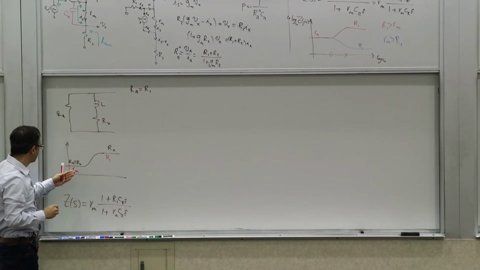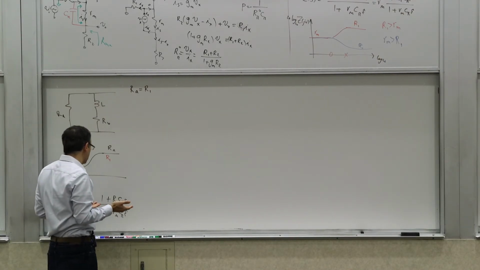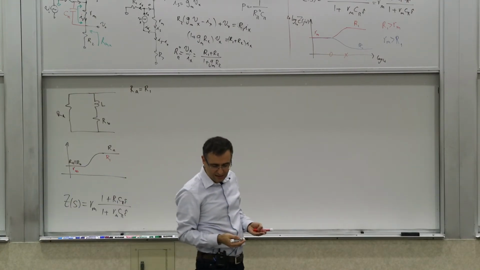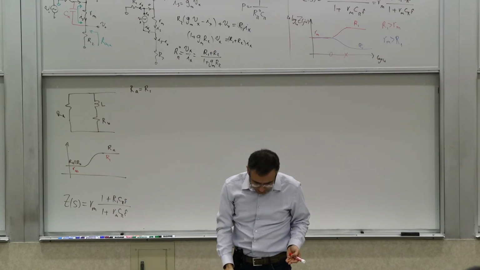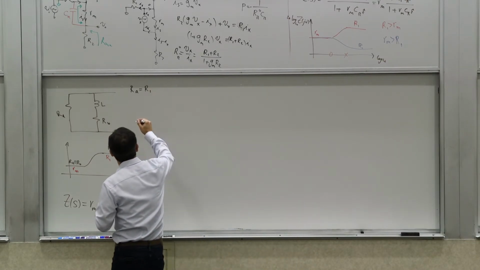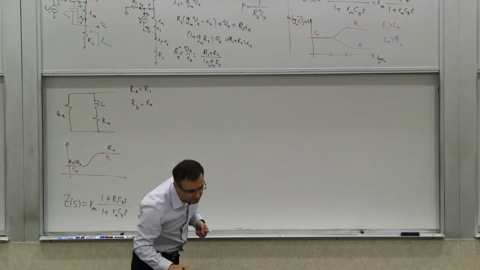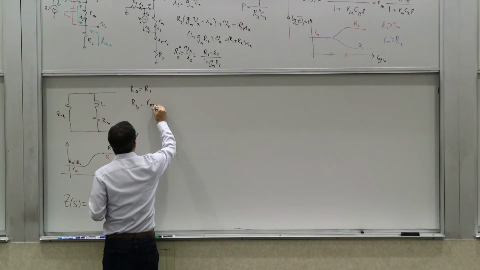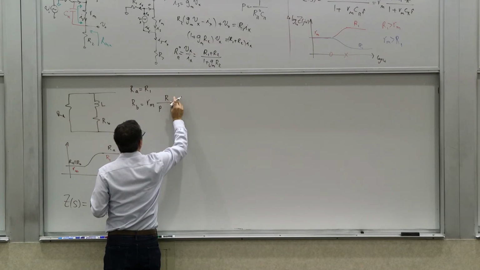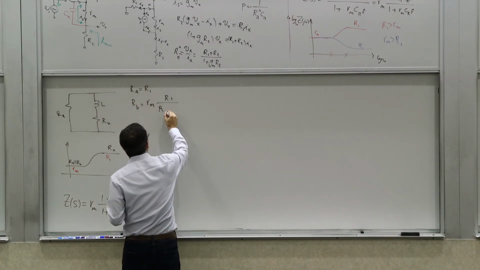How about RB? Well, we need to make an assumption here. I mean, you can calculate it exactly. If you calculate it exactly, you can put these things in there and do the calculation. So the calculation gives you RB is Rm. If you write the parallel combination, it's going to be Rm times R1 over R1 minus Rm.